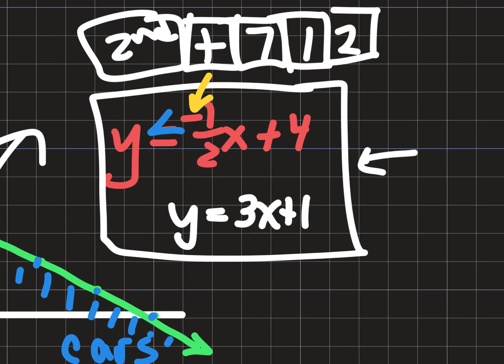Another thing you'd want to do, in my opinion, I say to always put your fractions in parentheses, because otherwise the calculator might think it's -1 divided by 2x, which is a totally different thing. We want them to know it's -1/2, so I put parentheses around that. Again, I can't tell you that that'll always happen to you, but if you put parentheses around it, you're safe.